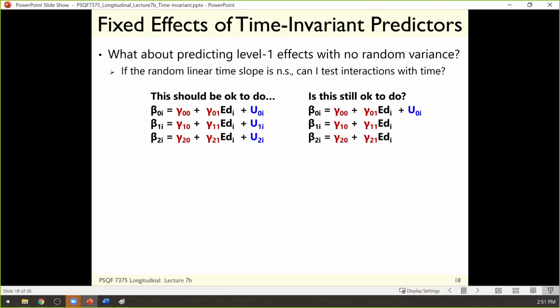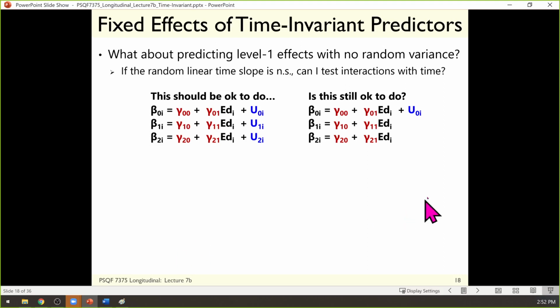So let's say that you are doing an intervention study. You're trying to reduce the rate of profanity in 6-year-old boys. And you go through your process, you measure their change over time, you start fitting these models, and you don't have a random time slope that's significant. You add a random time slope variance to your model, it doesn't result in a significant improvement, so you don't keep it. You go with a fixed slope model.